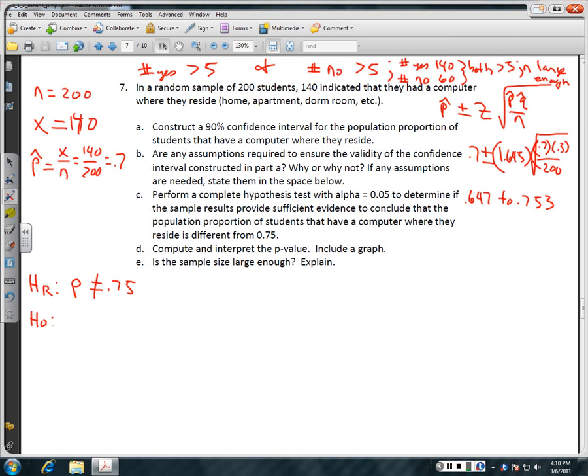That means we're going to have a two-tailed test. And it would have been nice if I had had a 95% confidence interval. But we go with what we've got here. That doesn't necessarily have to be true. It just would have been nice.